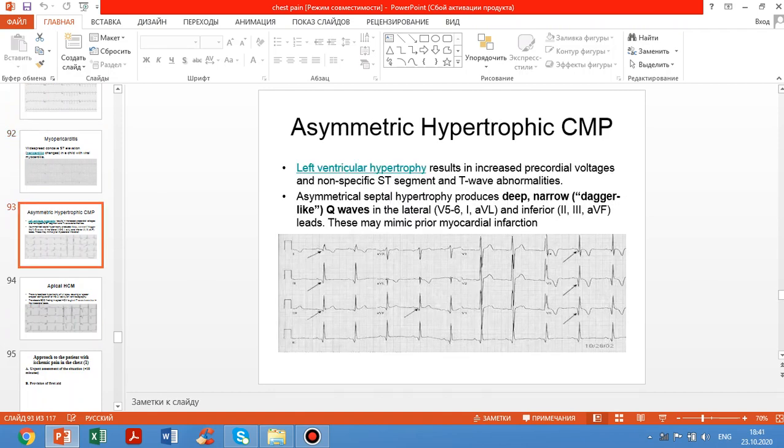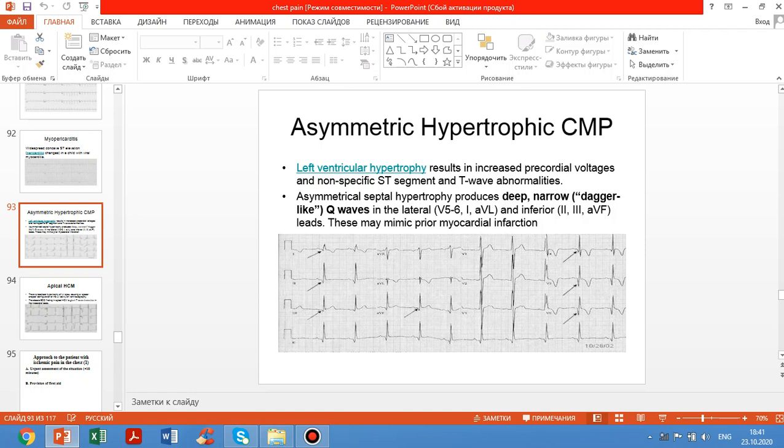Asymmetric hypertrophic cardiomyopathy. Left ventricular hypertrophy results in increased precordial voltage and non-specific ST segment and T wave abnormalities.